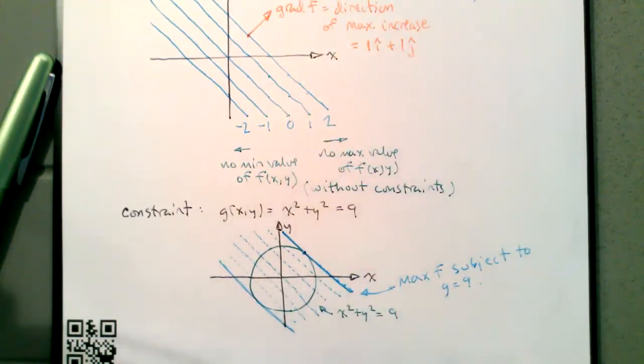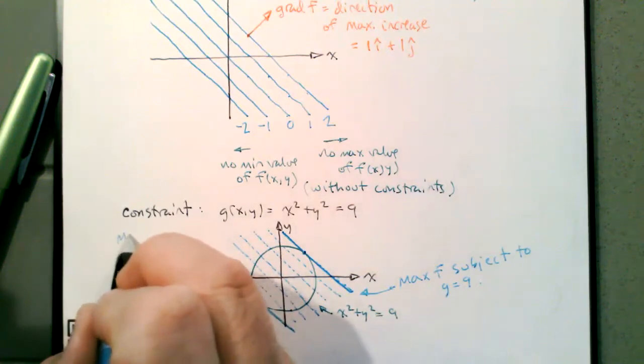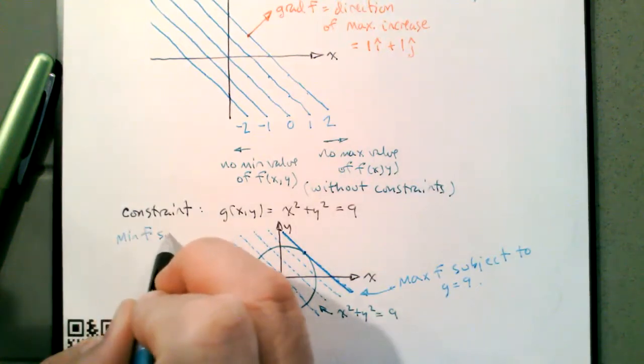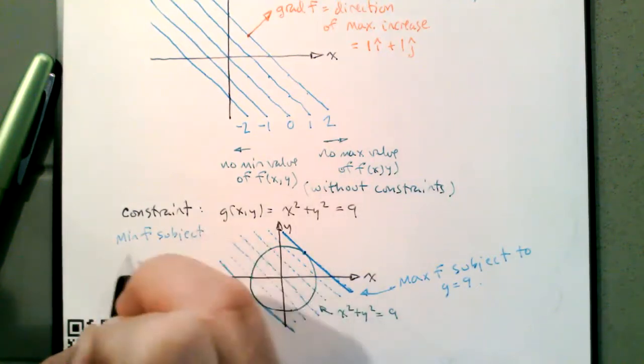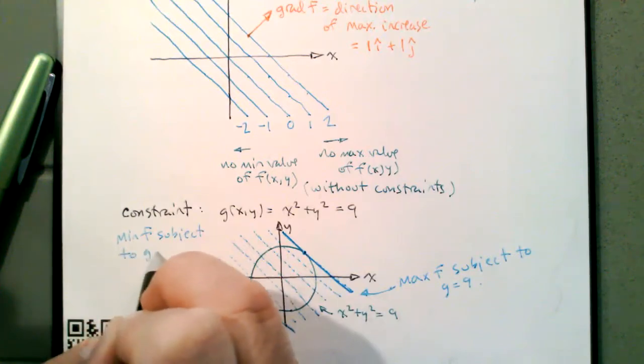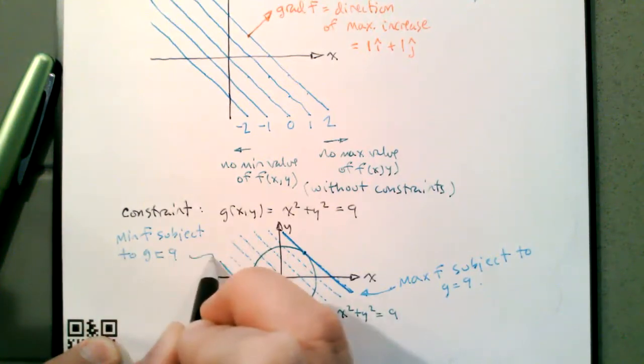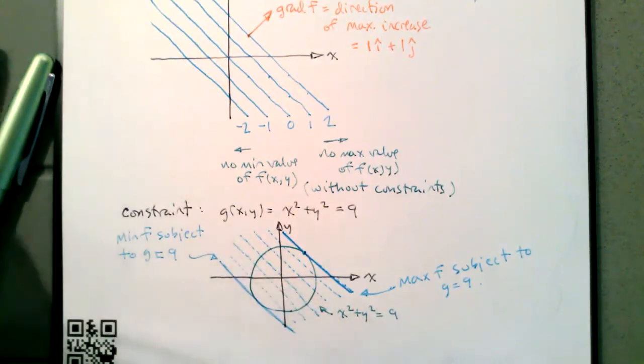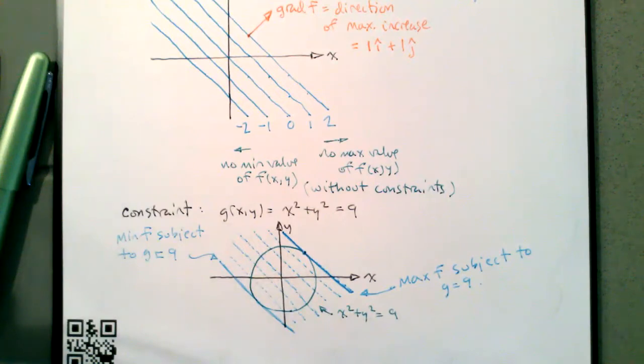And here we'll find our minimum value of f subject to g equals 9. Remember, each contour represents a different value for the function. We want the highest and lowest values for the function that are still in contact with this circle.